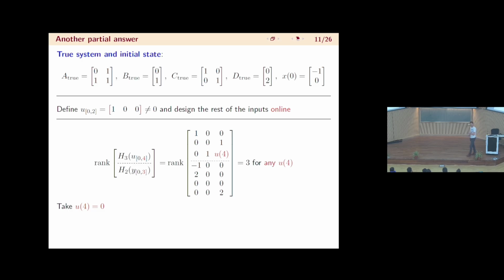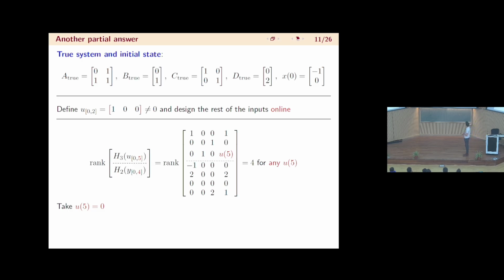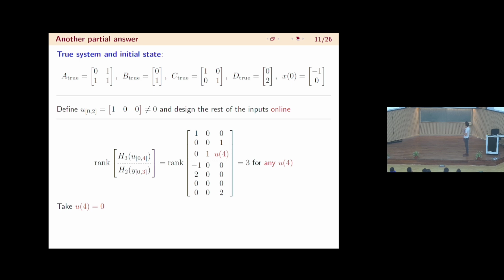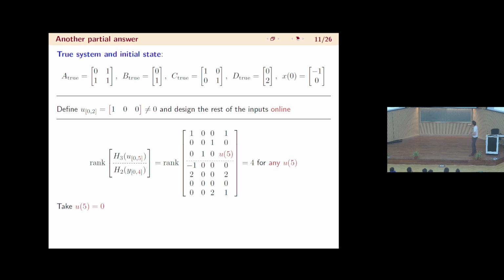This Hankel matrix always has rank 3. So I just choose u4 to be 0. Okay. Increase again, so I go to time step 5. Also in this case, you can see that for any u5, the rank of this Hankel matrix is 4. So again, I choose u5 to be 0.